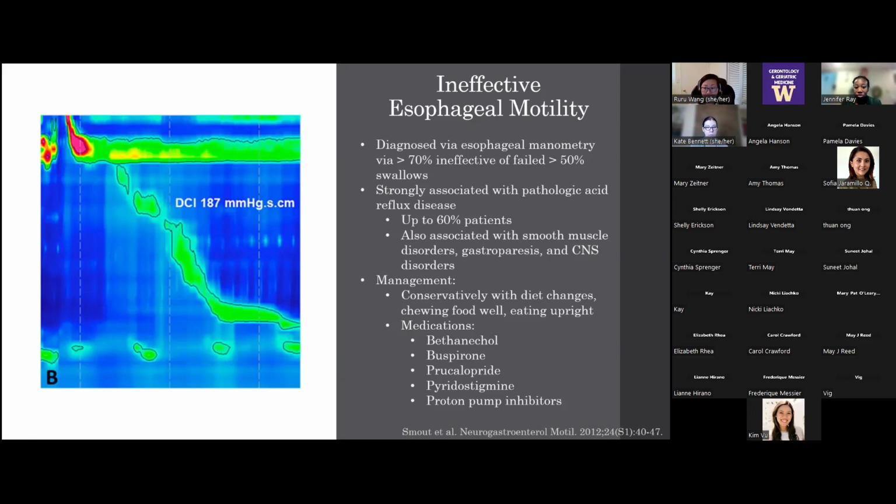If they need a little bit extra push, we have a couple different medication options, and these are pro-motility agents for the esophagus, slightly different than treating gastroparesis. And then, of course, if they have acid reflux disease or evidence of heartburn, then you want to treat with a proton pump inhibitor, because studies show, interestingly, that if you aggressively treat the heartburn, then the trouble swallowing actually gets better too.